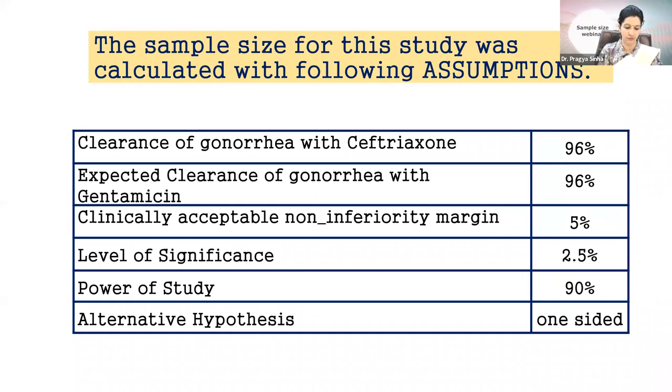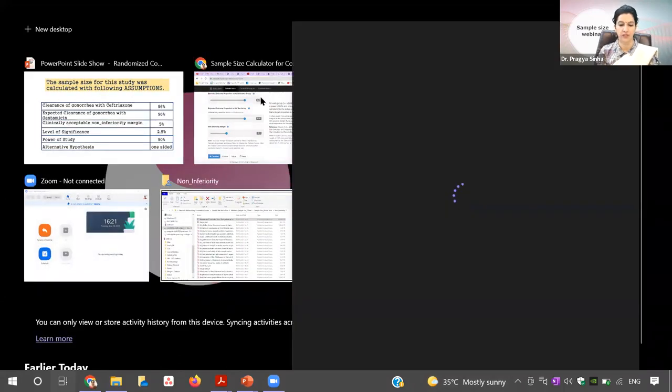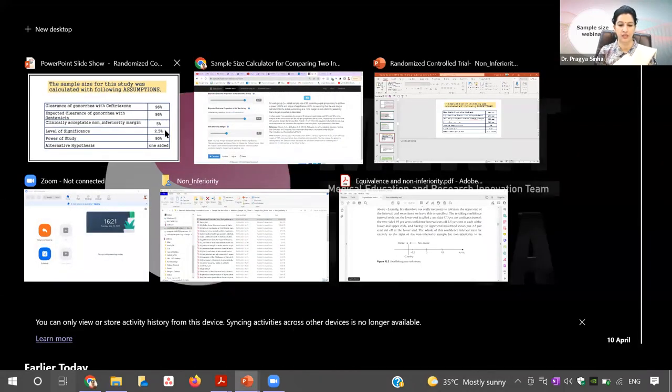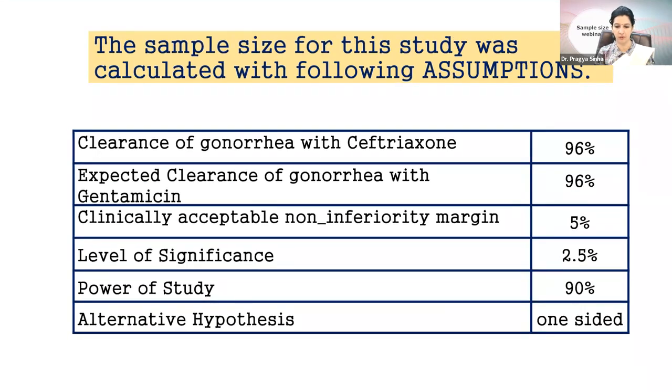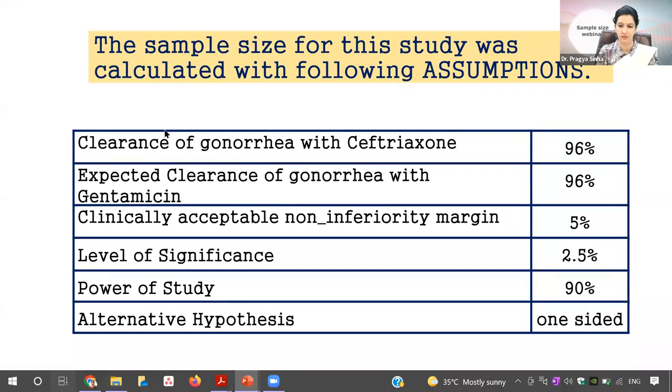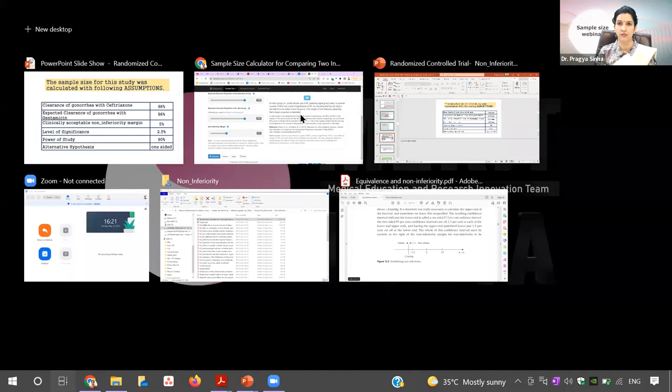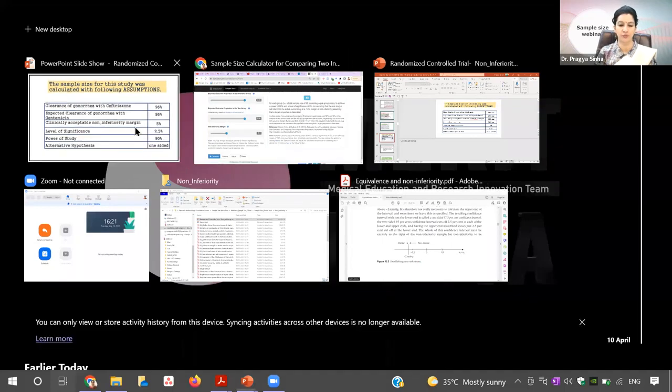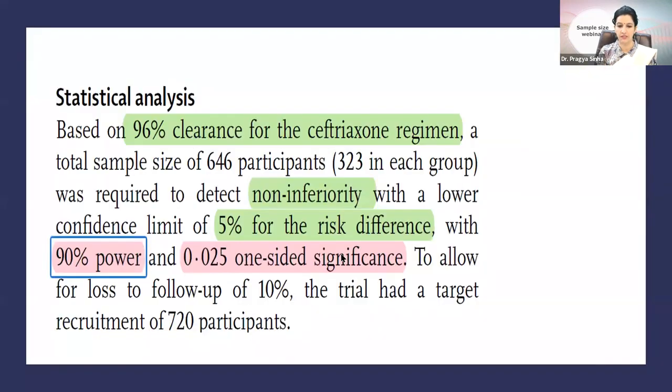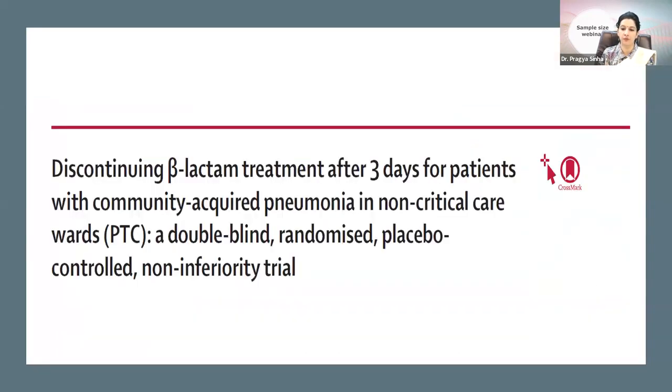All of you please calculate this. The clinically relevant non-inferiority is 5%. So you have done 342. If you have done this, you can see it was 342. Again, you can check whether the power and alpha they have taken are 2.5 or not.